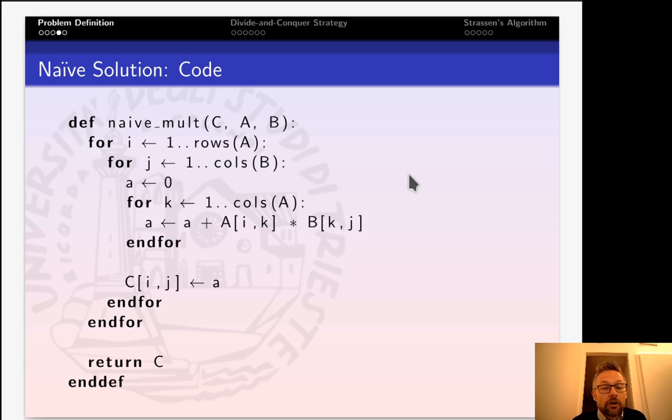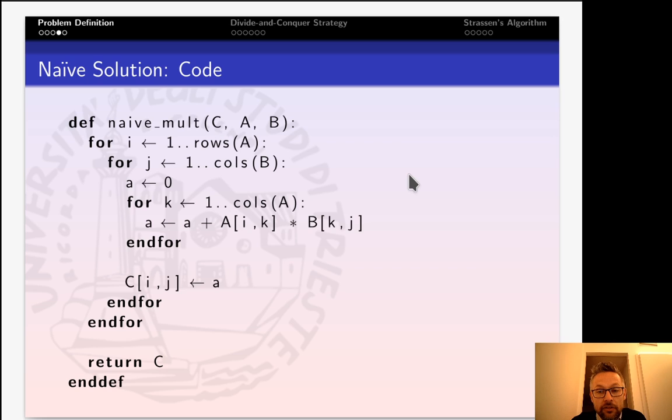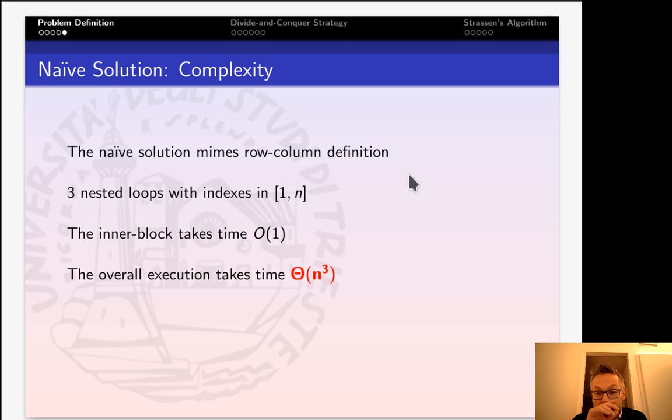So these 3 loops are indexes from 1 to n. The inner block, in which we keep multiplying and summing up to the previous values, takes time theta 1, of course. So the overall execution time is theta of n cube.